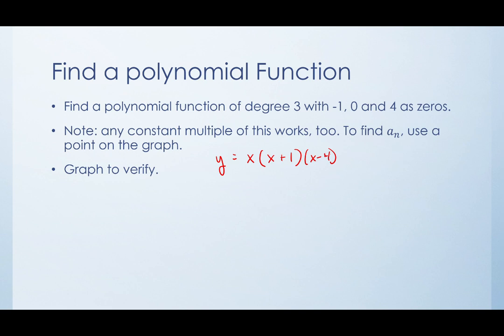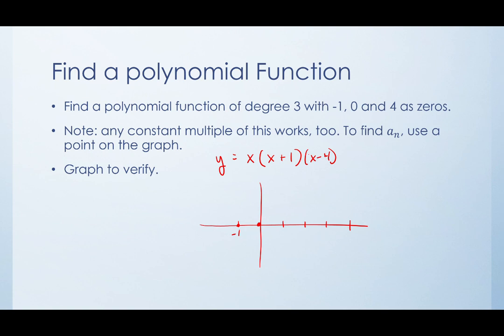Now, any constant multiple of this is going to work as well. So if we want to find a sub n, that leading coefficient, we're going to have to be given a point on the graph as well. Like this one, we can even sketch it. There's a root at -1, a root here at 0, and at 4.